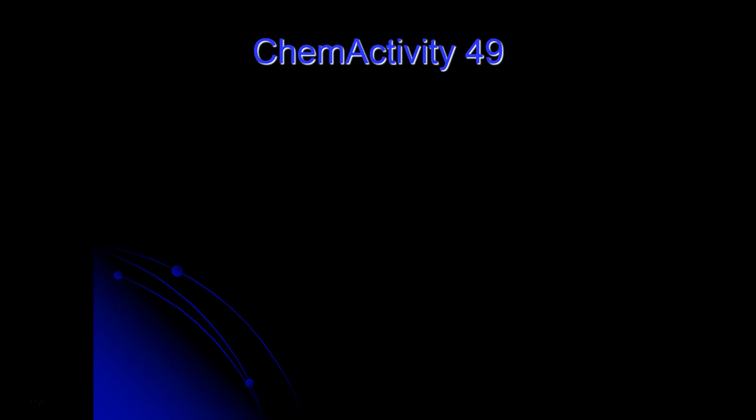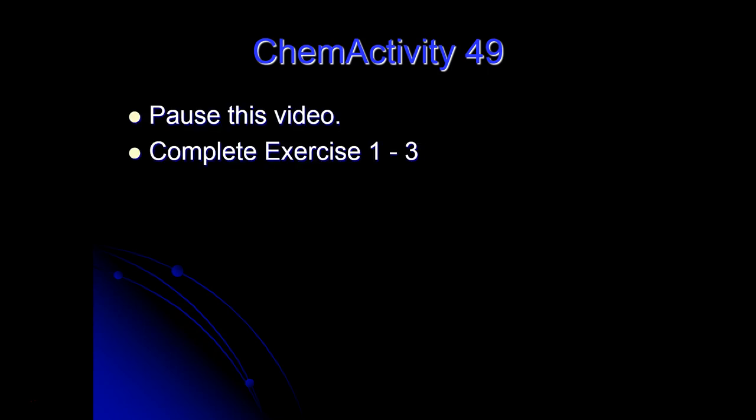Now, let's pause the video here. Think about the example that we just worked through. Pause the video and complete exercises 1 through 3 on Chem Activity 49. Complete problem 1.